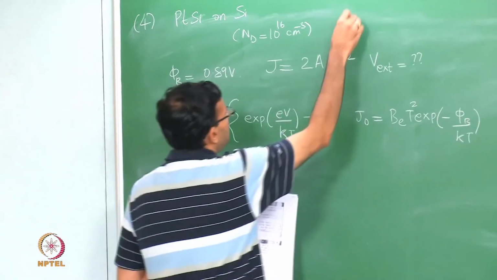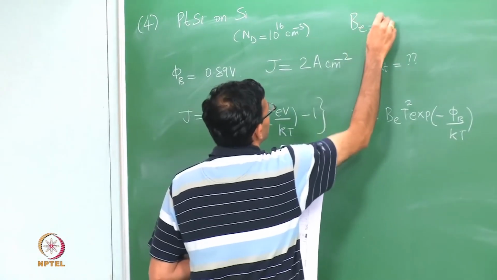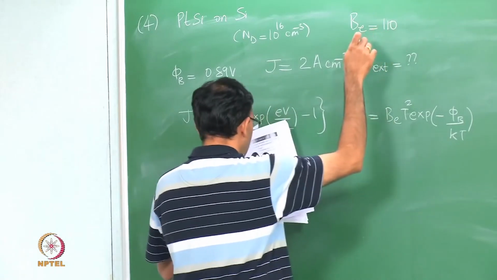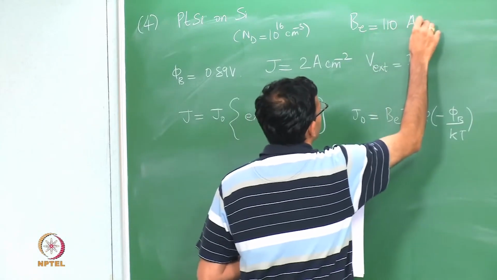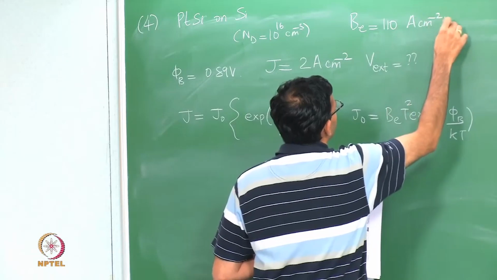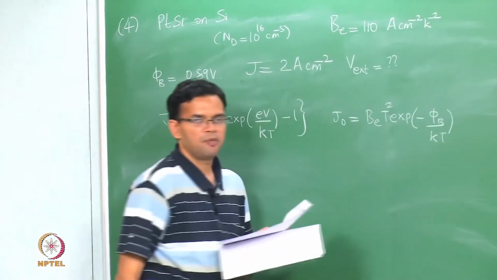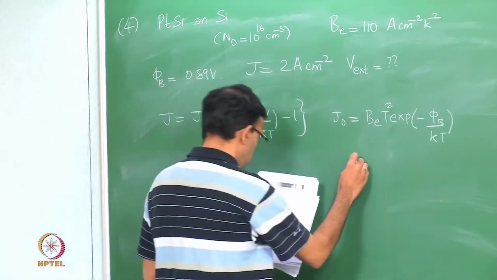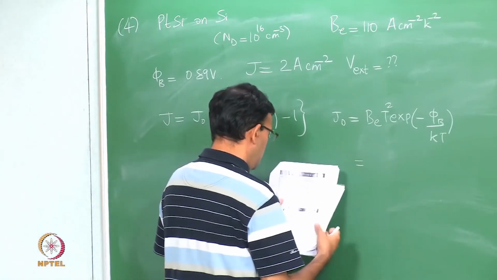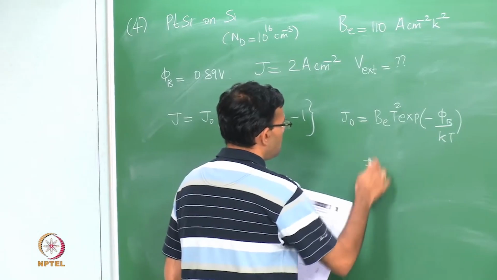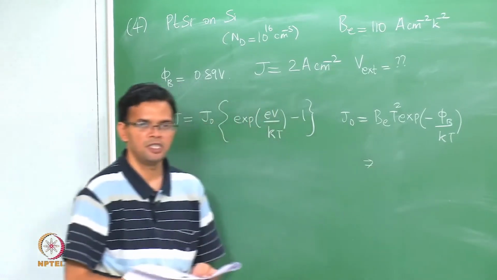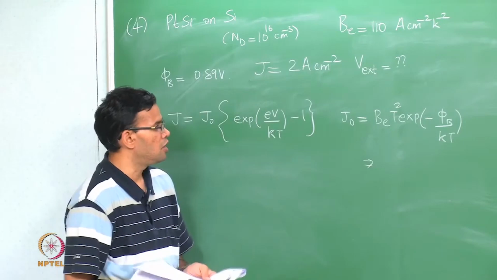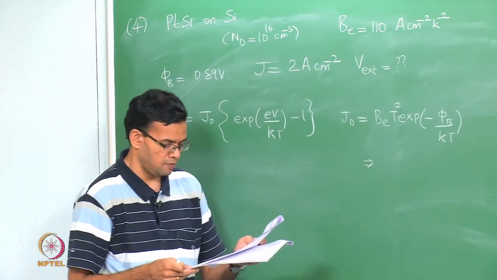So, the value of BE for this problem, we can still take the same value, 110 ampere per centimeter square per Kelvin square. We can use this and calculate J naught, which is got by substituting BE T square and exponential of minus phi b over kT.